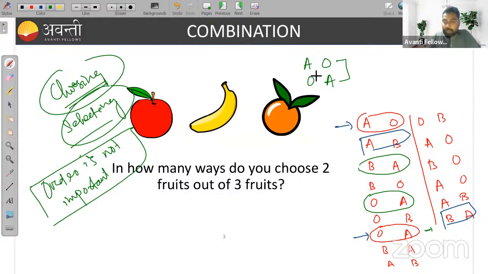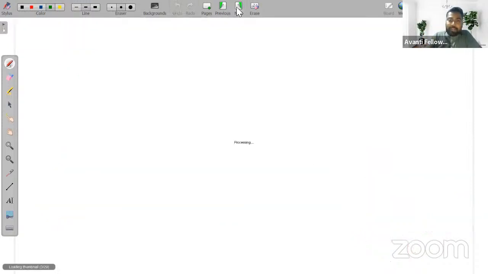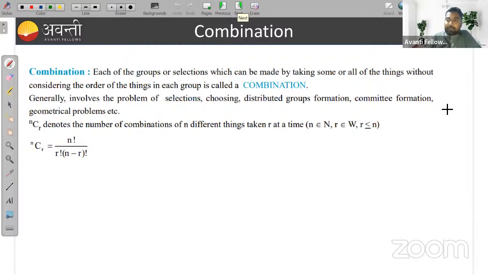Yes? Okay. So this is to understand how we use combinations and why we should use them. Let's see the definition of combination. Combination is each group or selection which can be made by taking some or all things without considering the order of the things in each group.